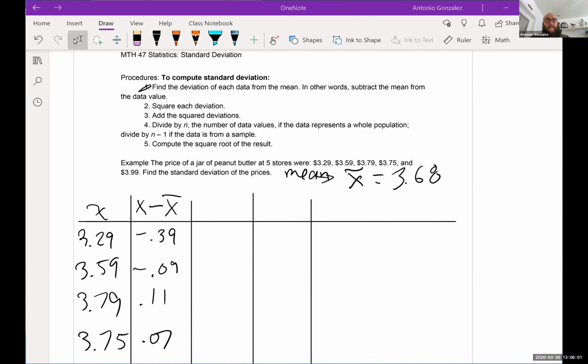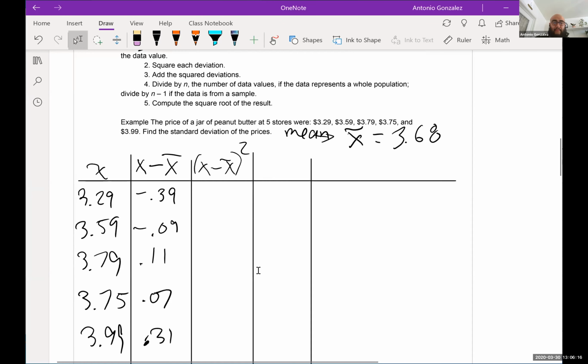Okay. All right, so now let's take a look at part 2. It says square each deviation. So we're going to take X minus X bar, and we're going to square it. We'll take negative 0.39, square it, and we get 0.1521.